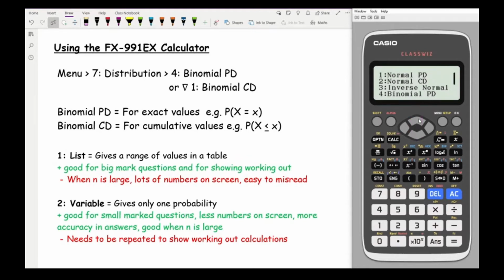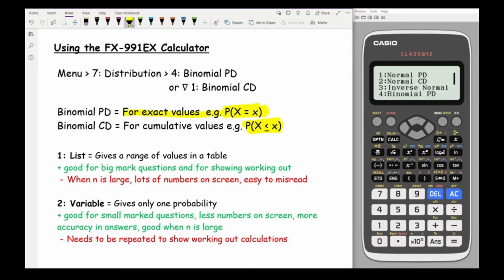I've mentioned previously in the video that binomial PD is for when you're wanting probabilities of particular values of x, so the probability of x equals a certain value, and BCD is for cumulative values. That's when you're working with probabilities where you want the probability of a certain value or less than that particular value, inclusive of that number, which is really important.